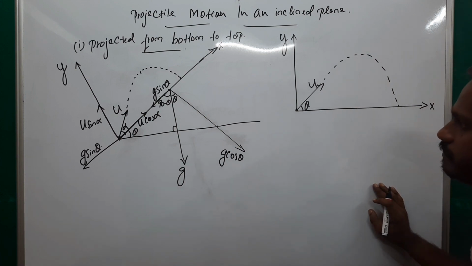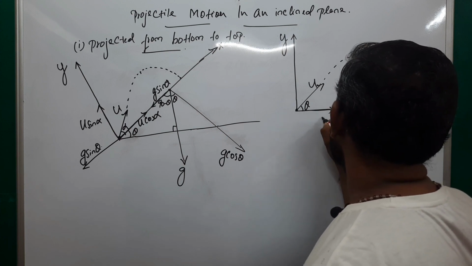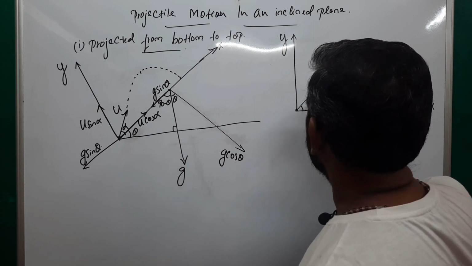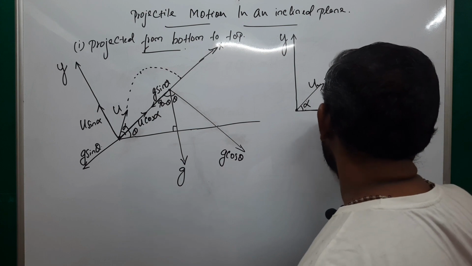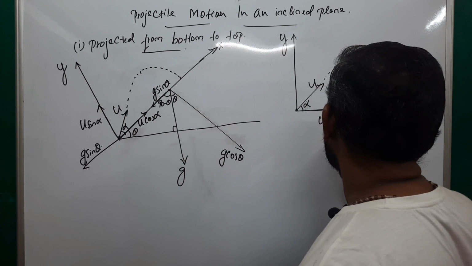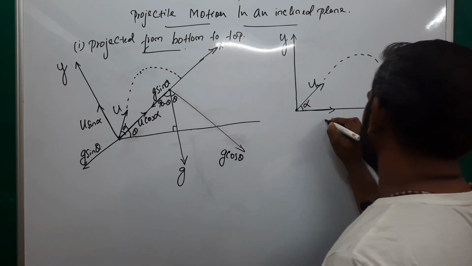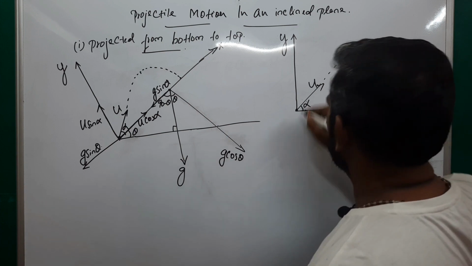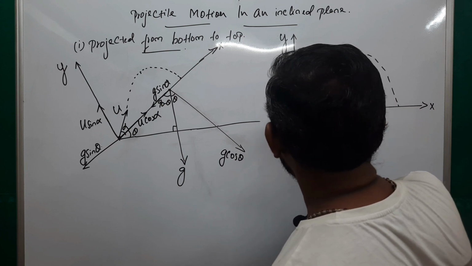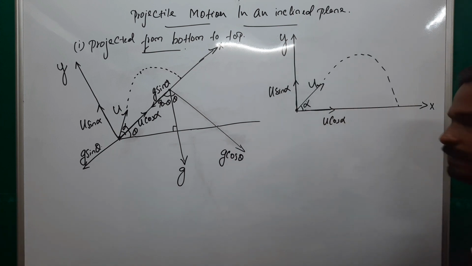The initial horizontal component of velocity is u cos alpha, and the vertical component of velocity is u sin alpha.